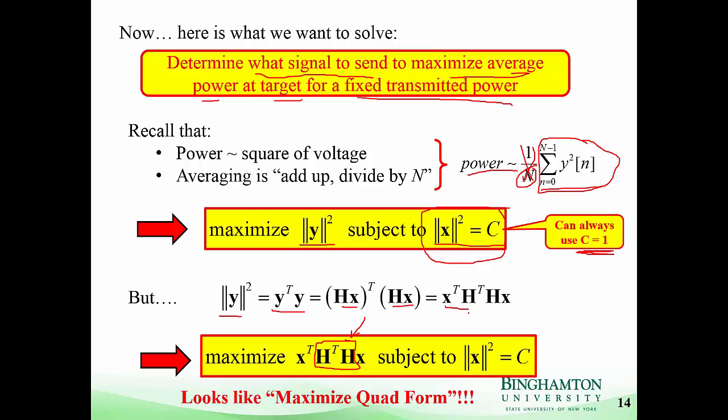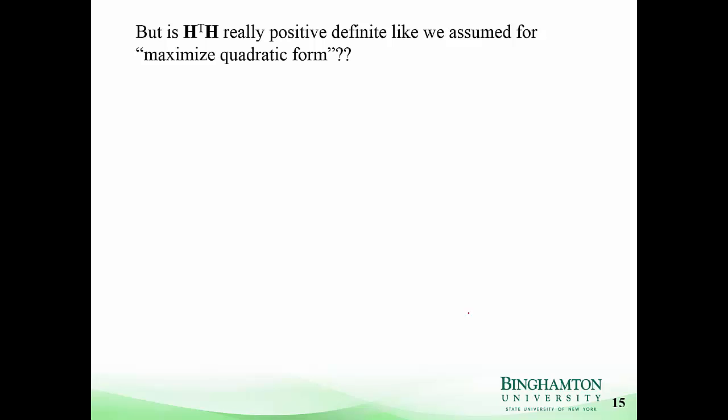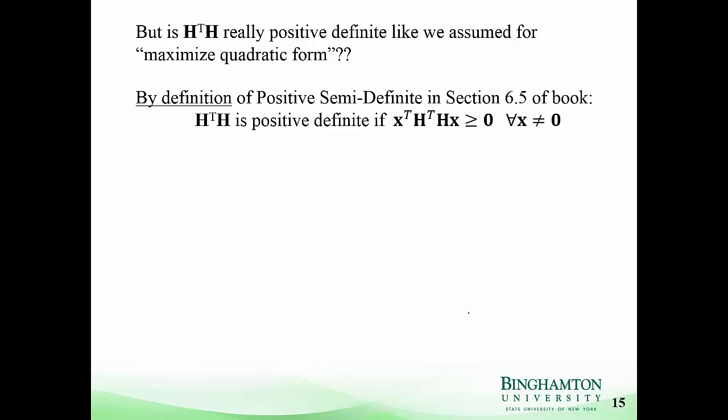And this thing shows up all over the place. This is not just for maximizing the acoustic transmitted power. It shows up all over. Let's continue. So I've already given this away. Is H transpose H really positive definite like we assumed? Well, by definition, positive semi-definite would look like this. We know that since this is the norm squared of something, it must be greater than or equal to 0. So that tends to tell us that it's at least positive semi-definite.